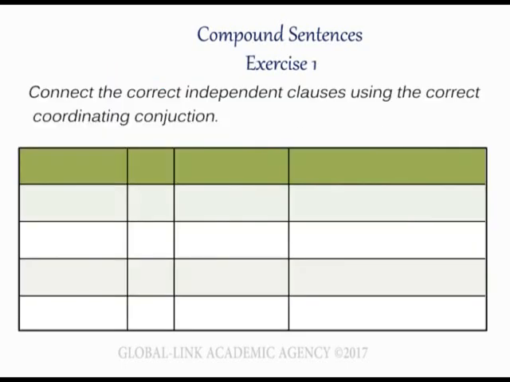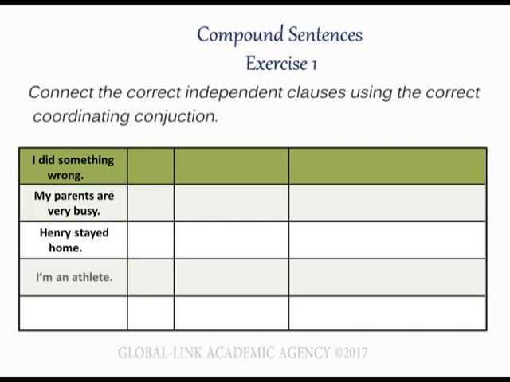For our exercise, connect the correct independent clauses using the correct coordinating conjunction. For the first set of independent clauses, we have I did something wrong. My parents are very busy. Henry stayed home. I'm an athlete. They didn't do their project.